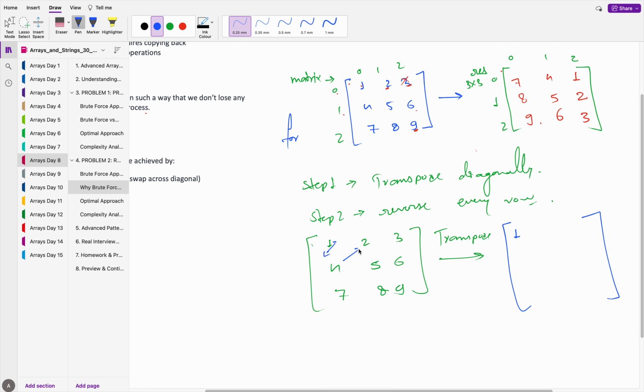Okay, now these 4 and 2 are diagonally there, so their transpose would be, 4 comes here, 2 comes here. Next, 7 and 3 would be transposed, है ना, swapped diagonally. Now, once this row is completed, I will come to the next row because till here things are done. So I will start from the next item.